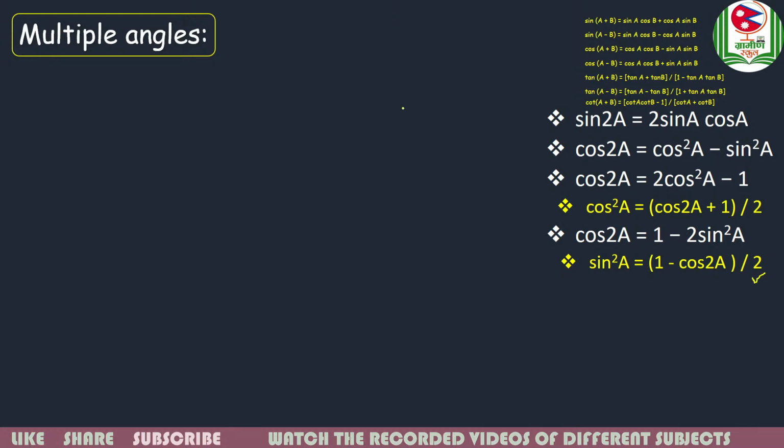Okay, so let's start from sin 2A. How is this result obtained, that is sin 2A equals 2 sin A cos A? We know that sin(A plus B) is equal to sin A cos B plus cos A sin B, and using this formula we will find sin 2A.